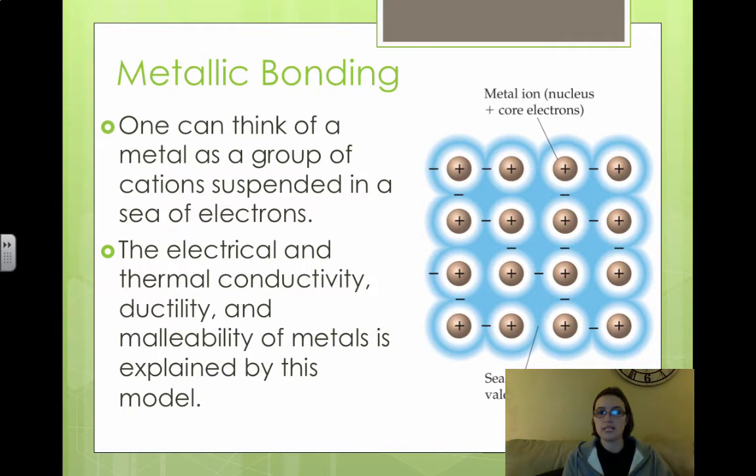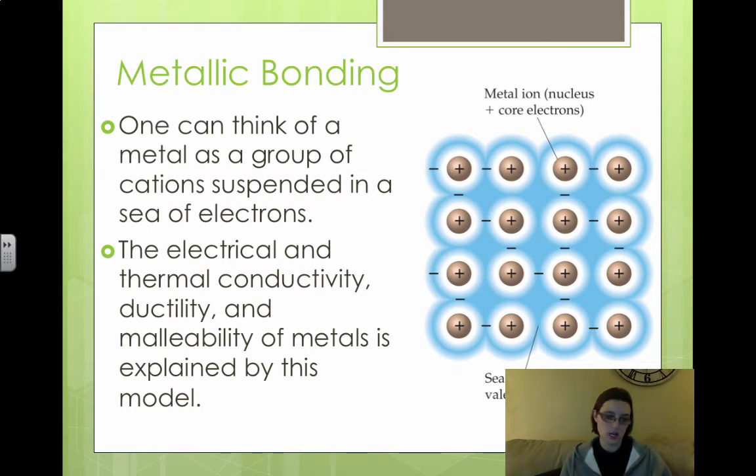So when it comes to metallic bonding, you could think of a metal simply as a group of cations that are suspended in a sea of electrons. This electron sea model shows these metal cations in this sea of valence electrons. The electrons are confined to the metal because of the electrostatic attractions, and they're uniformly distributed throughout.